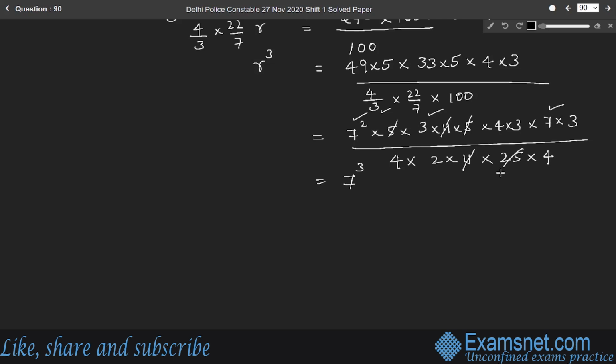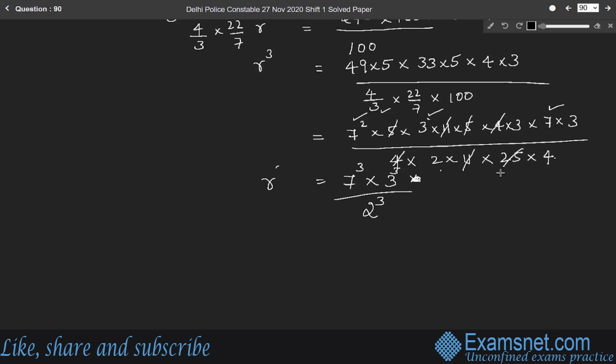So here 3 into 3 into 3, 7 cube into 3 cube. We can cancel 4 and 4 so that nothing remains here. So 7 cube into 3 cube divided by 4 into 2, which can be written as 2 cube.